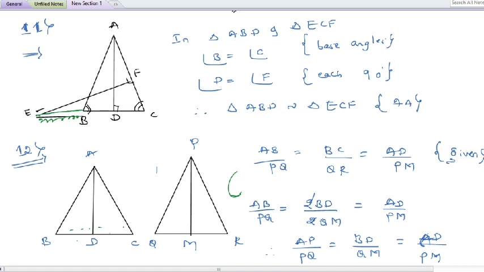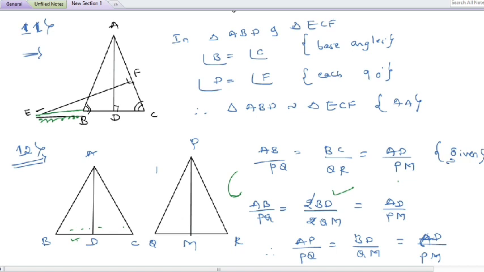So, D is the midpoint of BC, so BD and DC are equal. So, BC can be written as 2 times BD, and also QR can be written as QM plus QM, 2 QM.